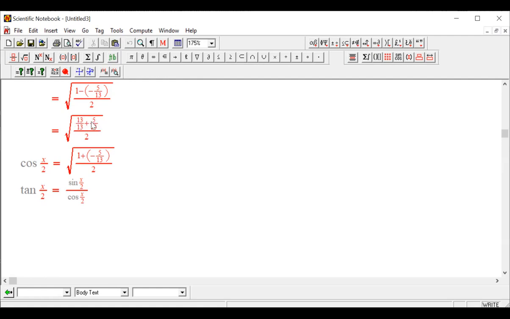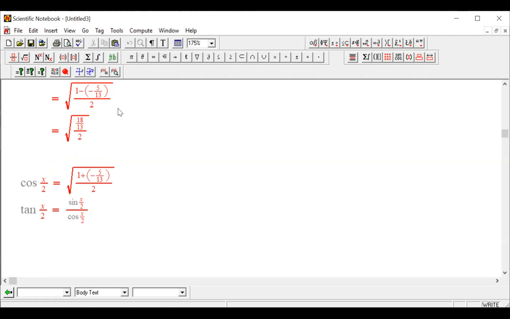So in the end, on the top, we have a 13 common denominator, 13 plus 5, that makes 18. Right? It's sort of basic math. All it takes is patience.